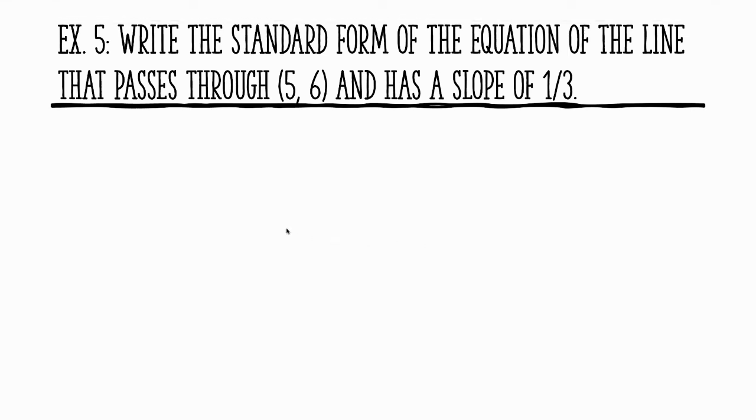Okay, we have another example like this. So we have the point 5 and 6 with a slope of 1/3. So we have to write this in the standard form of the equation of the line. We are going to start with the formula y minus y1 equals m times x minus x1. Remembering that this is x1 and this is y1.